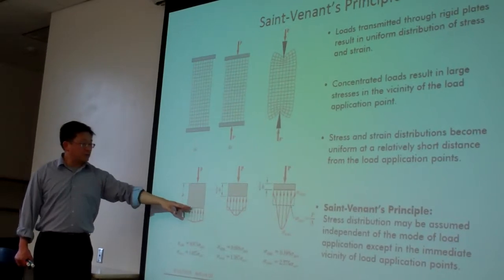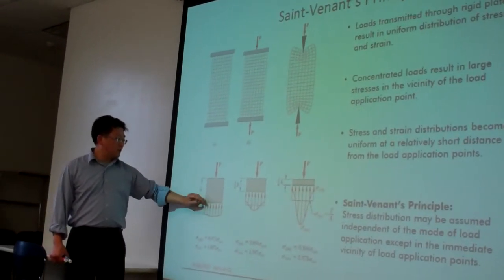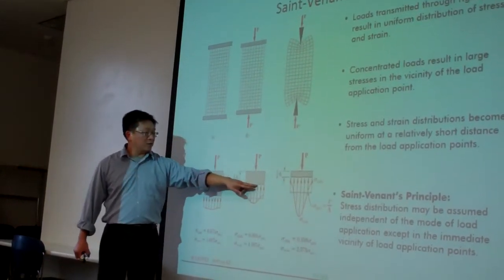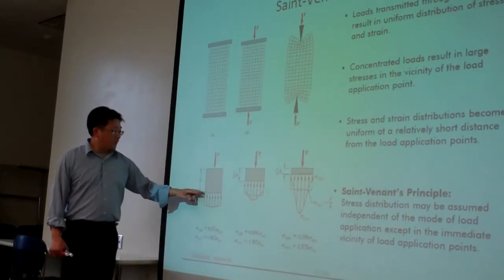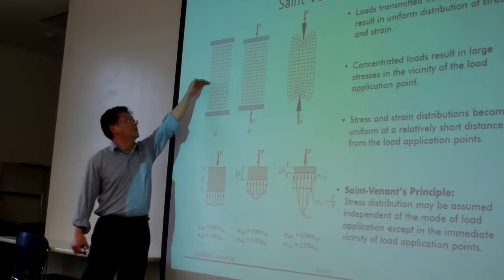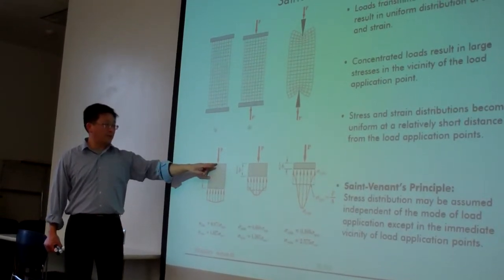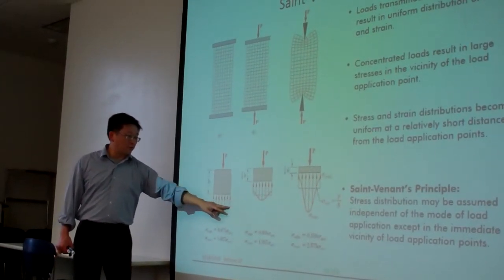If we pick a cross section, here we have three options: the farthest away from the loading, a little bit closer, and the closest. If we pick a cross section far enough away, you can see the distribution of the stress is pretty much uniform.